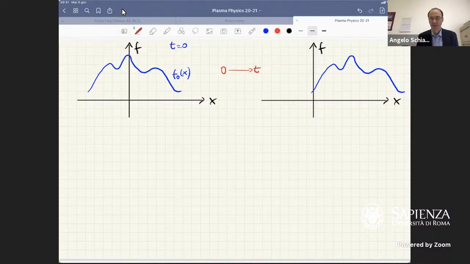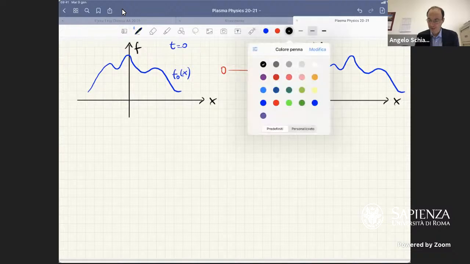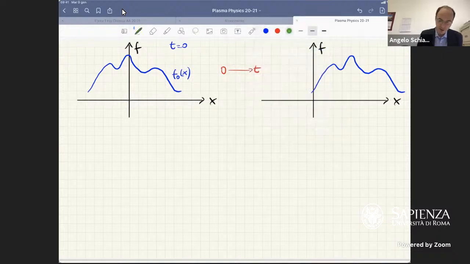This is called a rigid advection of the whole wave. And what is the distance? For instance, let's take the peak of the wave as a reference. Suppose the peak at time t equals 0 was at the origin of the x coordinate, so let's put the origin here.